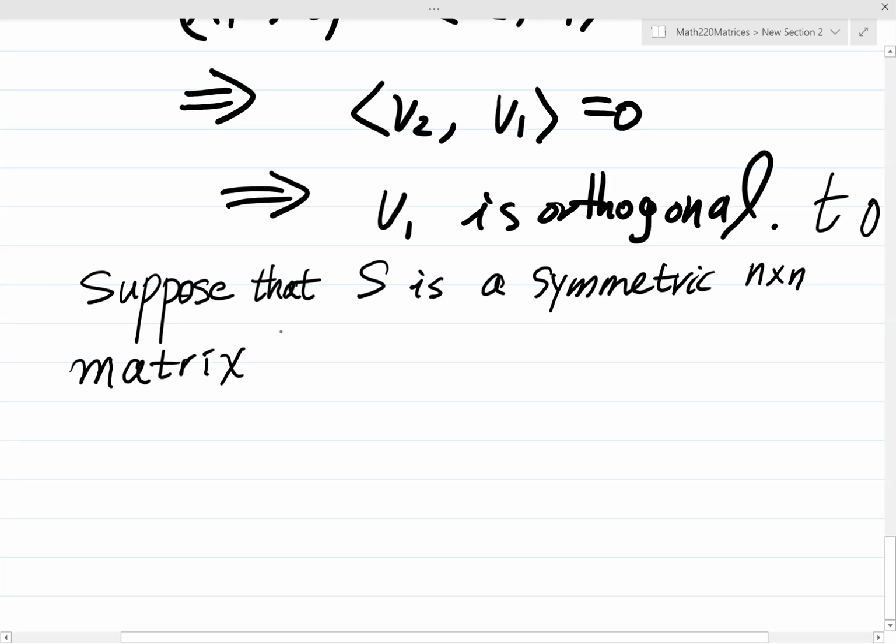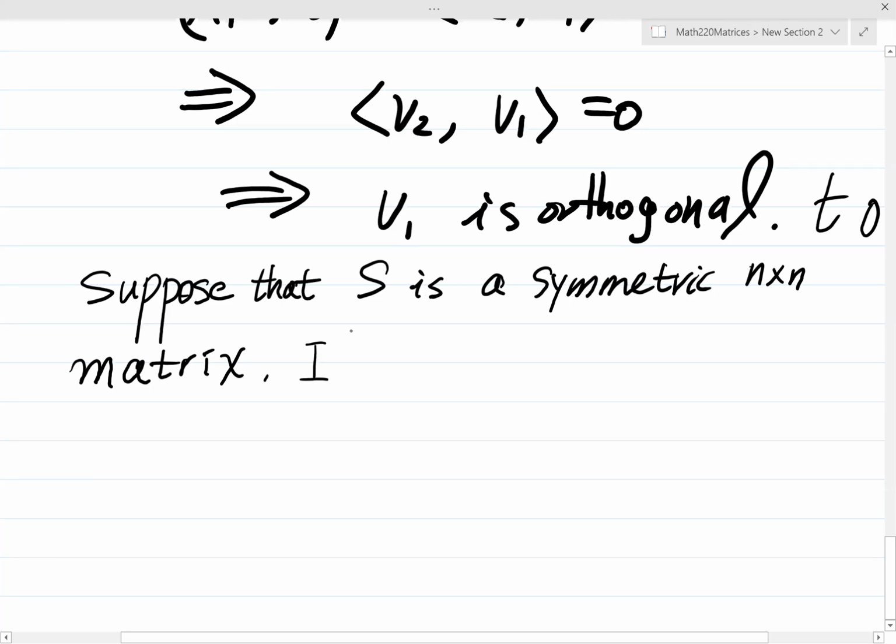So we know S equals S transpose. Now, the characteristic polynomial of this n by n matrix is of degree n. Then it has at most n distinct eigenvalues.